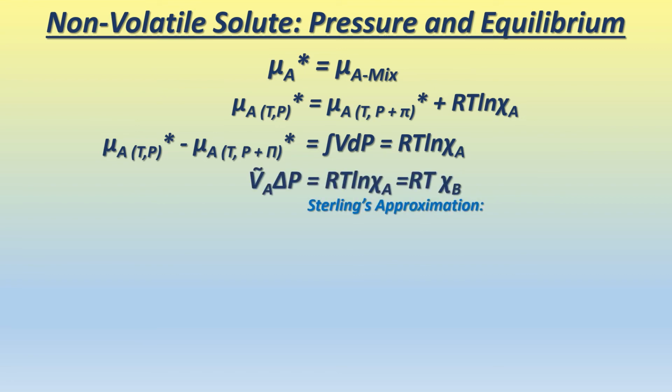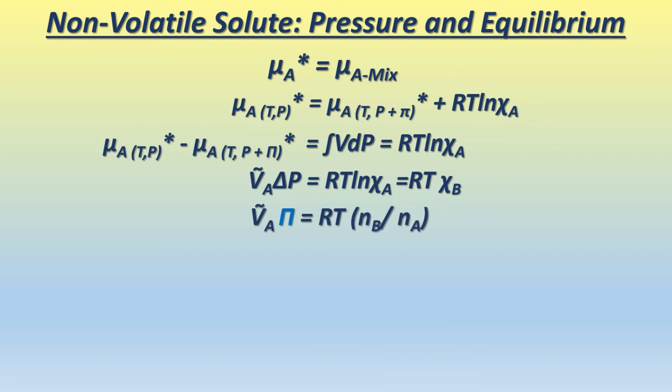So, V with a squiggle over it is the molar volume. The volume of 1 mole of a given solvent times the change in pressure is equal to RT times the log of the mole fraction of solvent. Again, with Stirling's approximation, that's RT times the fraction of solute.